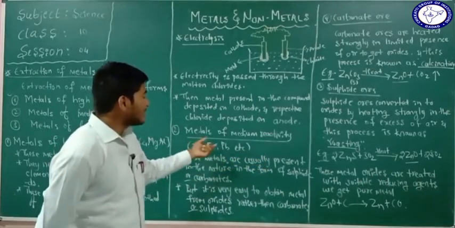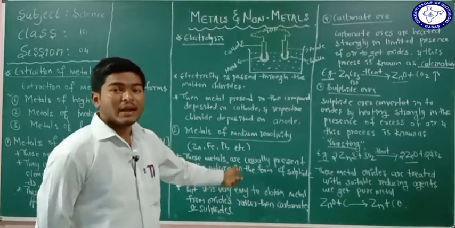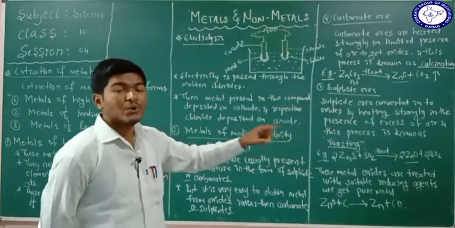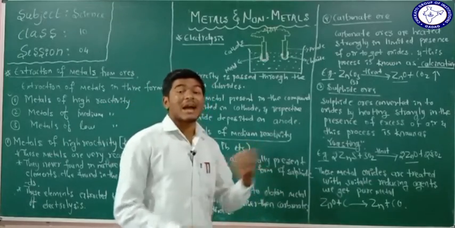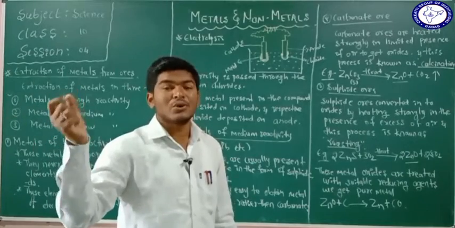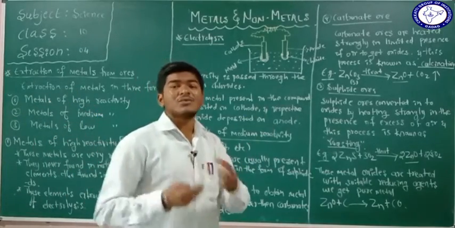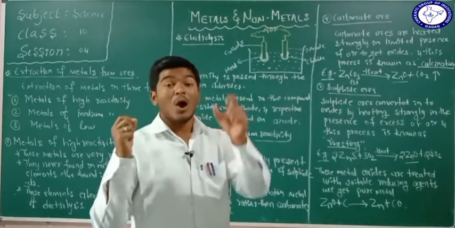But the medium reactive metals are present in the form of carbonate ores or sulfide ores. So in the first step we are going to convert these sulfide ores and carbonate ores into oxide ores. Is it clear? Why? Because it is very easy to extract the metals from oxide ore.